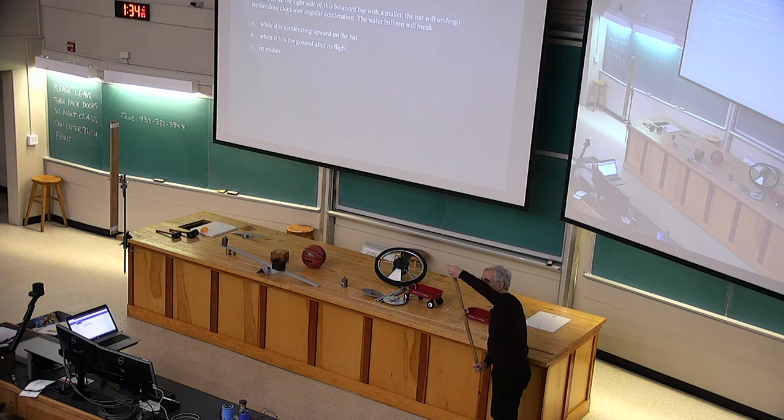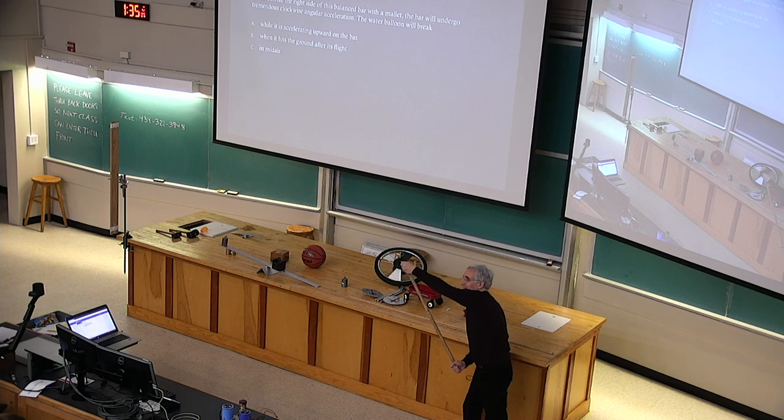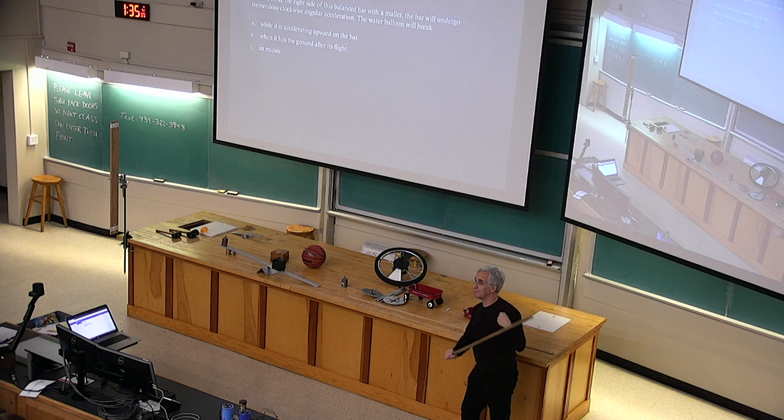But if I move it to the end, first off, it's going to move twice as fast. So I'm going to cause it to change its velocity by twice as much in the process of swinging it first one way and then the other. Twice the change in velocity, and it's going to have to accelerate 4 times as fast. Is that true?